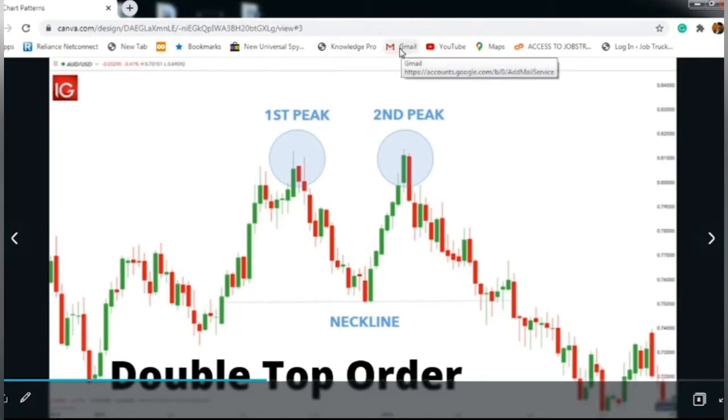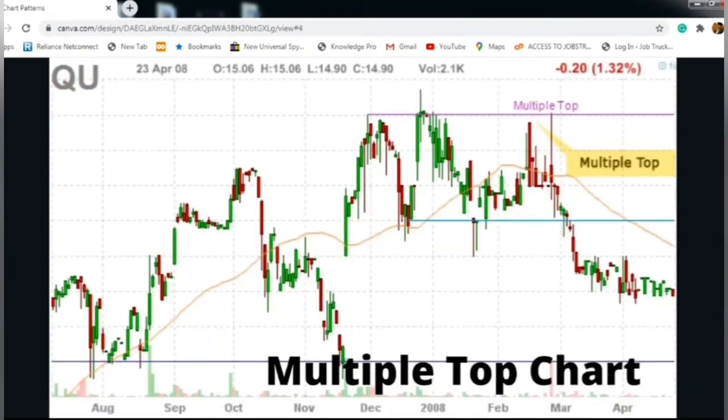The double top is similar to head and shoulders. There also the resistance is not broken. So the market is bearish in this. So the double top is basically a sign of a bearish market, similarly in the case of head and shoulders.